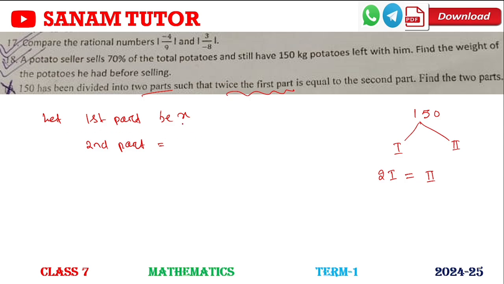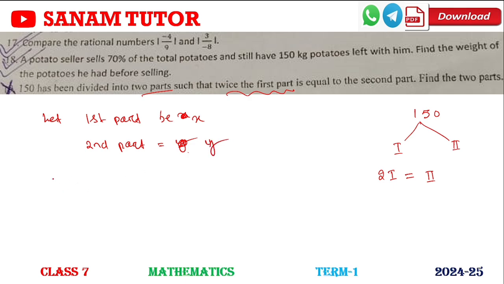Let the first part, according to the question, be x and the second part be y.